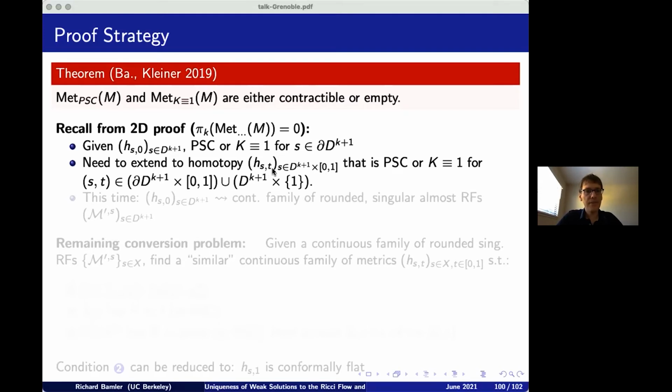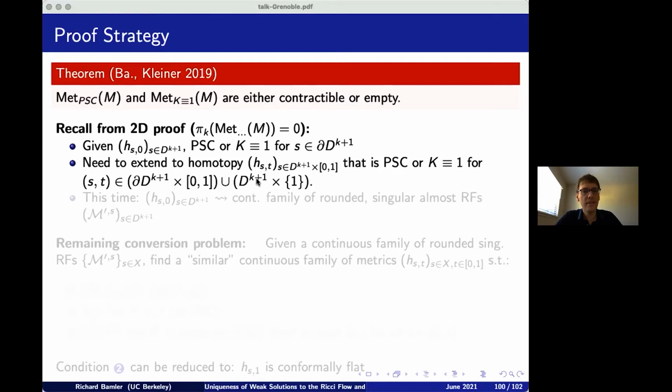So in other words, we have the following property: h_{s,t} is PSC or constant curvature, whenever (s,t) is contained in this set. So what does this mean? Well, maybe let me talk about this guy here first. Whenever t is equal to 1, then h_{s,1} should always have constant curvature, which just means that our Ricci flow converges to a constant curvature metric for every s. Okay?